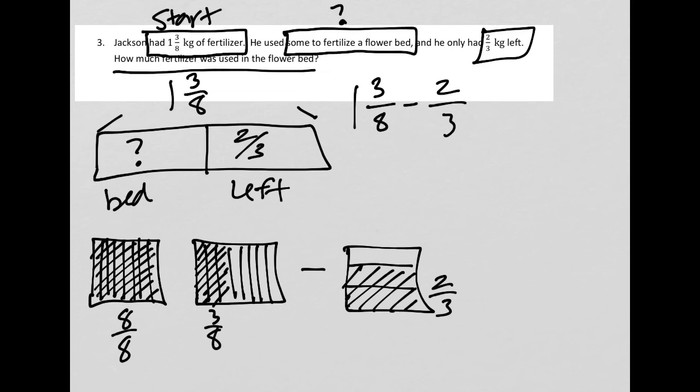Just like in other problems, I need to find that common denominator. I'm going to make the common denominator prediction: because I have an 8 and a 3, it should be 24, but let's just check with our modeling. So I'm going to split that 2/3 into 8s.